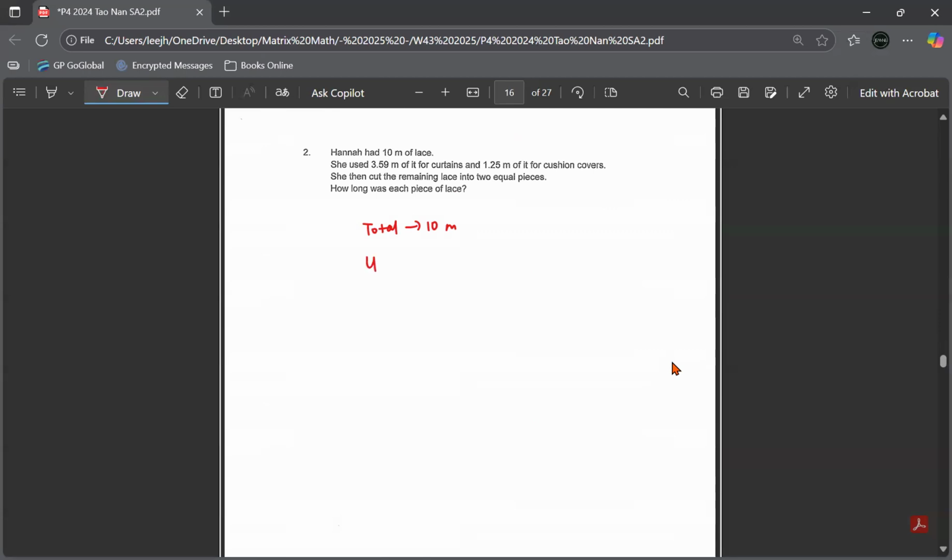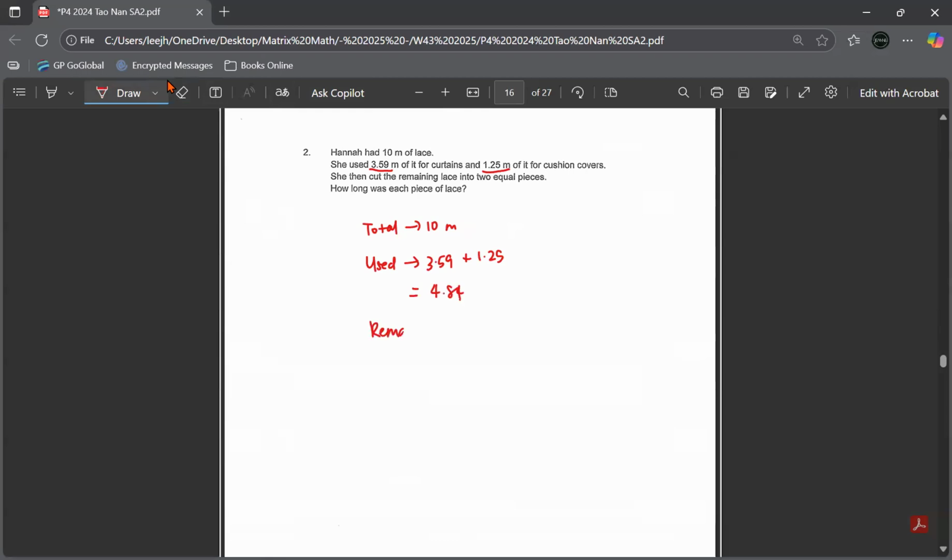So she used a certain length, 3.59 for curtains and 1.25 for cushion. So I add 3.59 plus 1.25. She used a total of 4.84 meter.